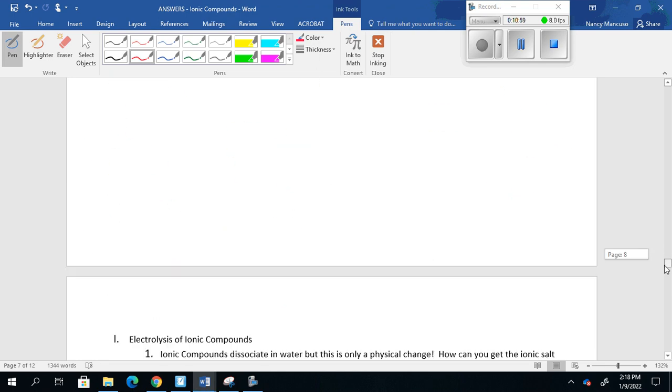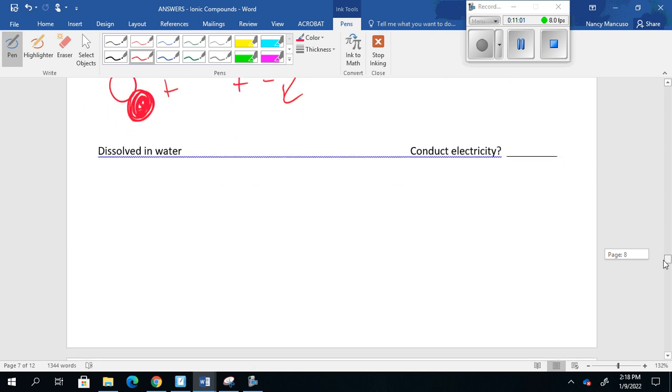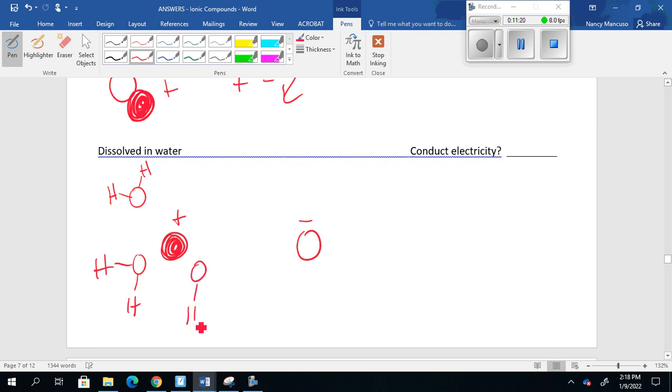And then if I have them dissolved in water, my Na, my plus, gets separated from my Cl, which is my minus, and it gets surrounded by water like this. And it forms those spheres of hydration.